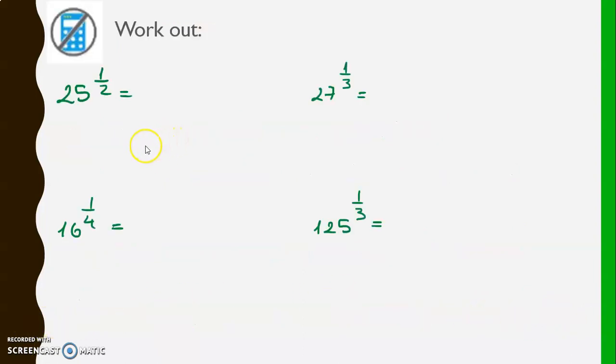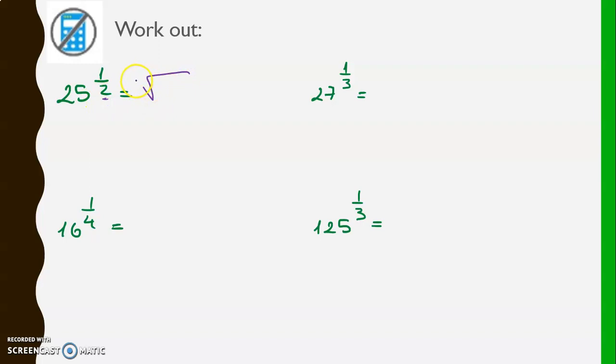So now let's go ahead and use those rules to calculate these numerical expressions without using a calculator. So 25 to the power of a half, we can use that last rule, which says that a number to the power of 1 over another number is, in this case, the square root, because that's a 2.